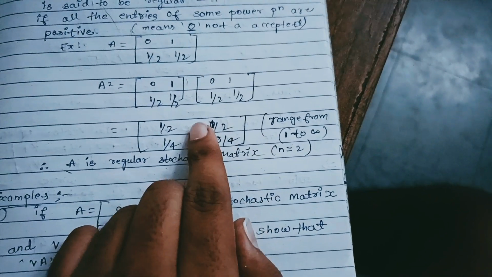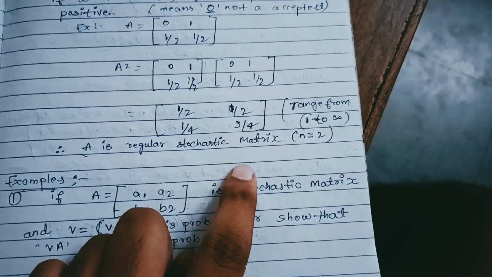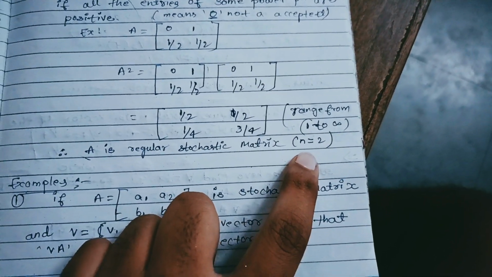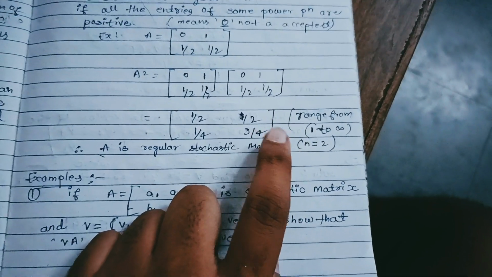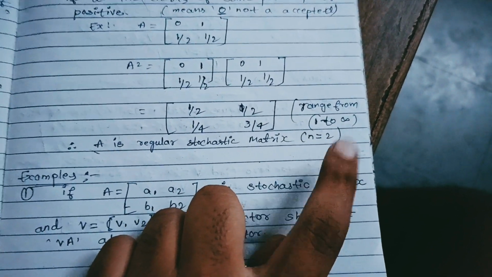It is a stochastic matrix. This is called a regular stochastic matrix at n equal to 2, and n ranges from 1 to infinity.